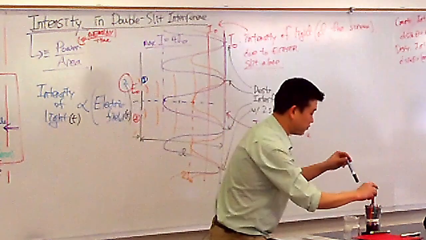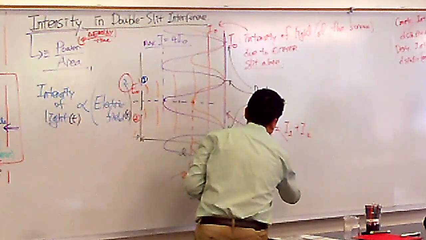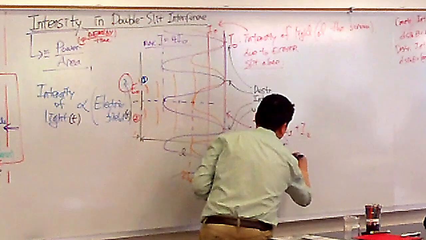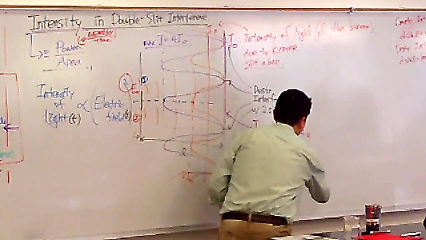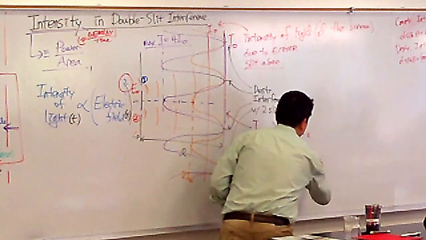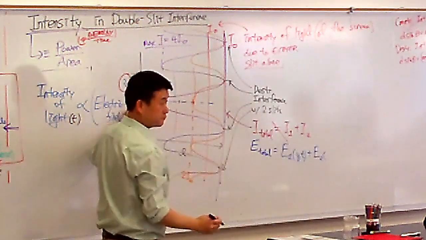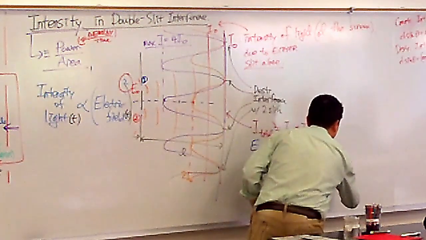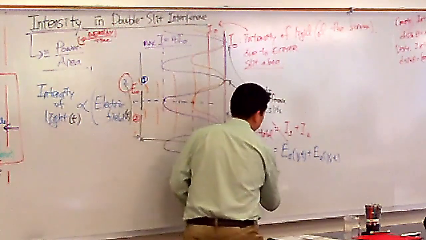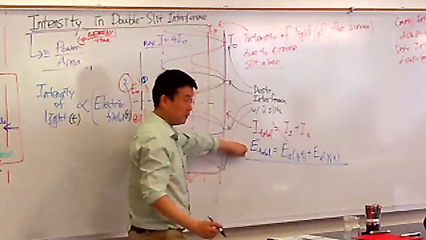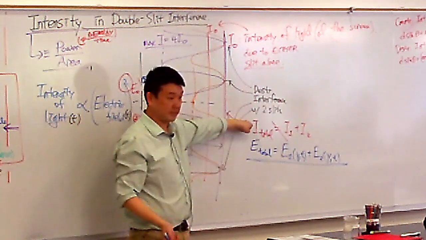Instead, what you can do is say the total electric field is equal to the electric field due to slit number 1, as a function of position and time, plus the electric field due to slit number 2, once again as a function of position and time. This is true. That's the superposition principle. And so what do you do when you want to get the total intensity?